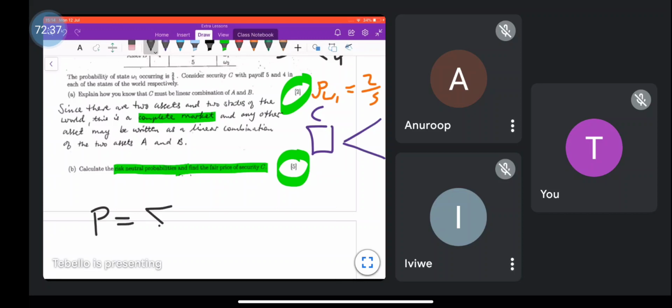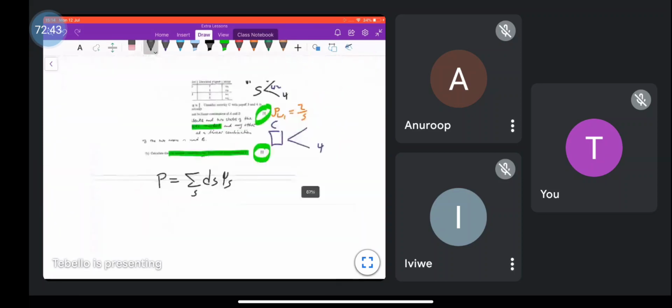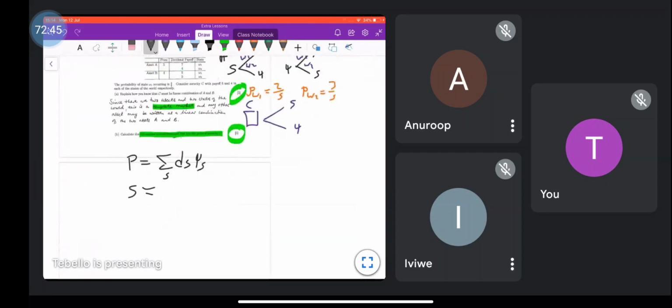So the price for the first one is 5, and the payout is 7 for state 1 and 4 for state 2. The other one costs 4, and the payout is 5 for state 1 and 5 again for state 2.